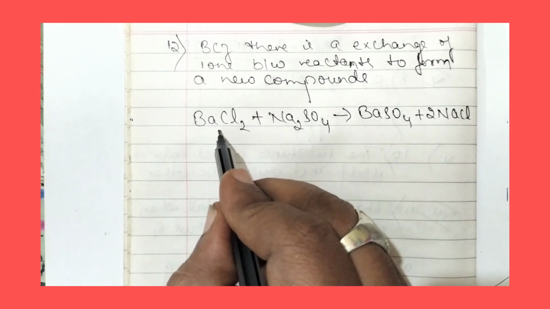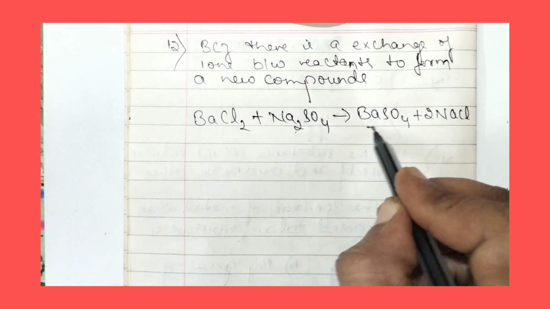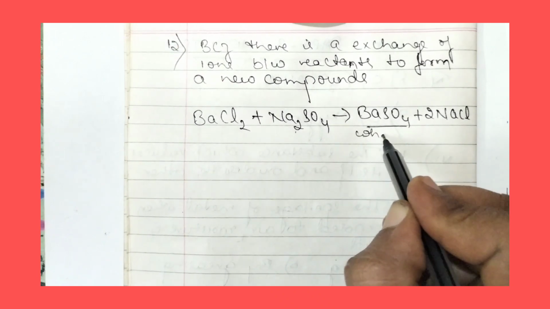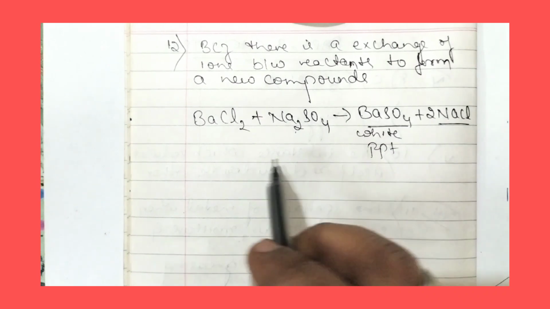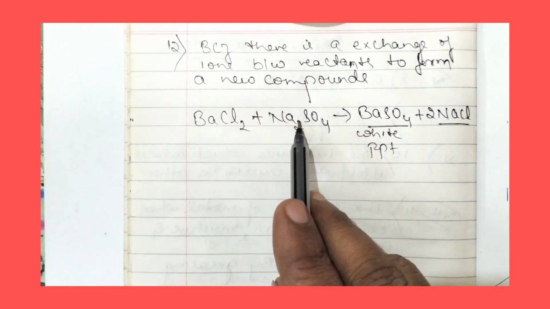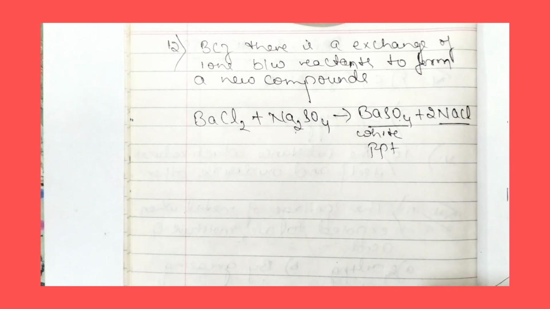Barium chloride reacts with sodium sulfate to form barium sulfate, which is a white precipitate, and sodium chloride. So BaCl2 plus Na2SO4 gives BaSO4 plus 2NaCl. This is the balanced chemical equation.